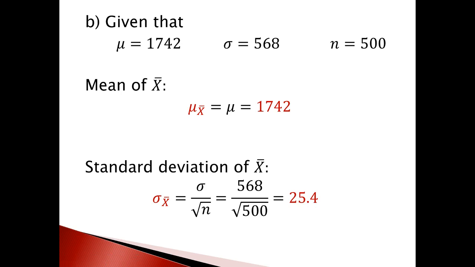So if we compare these results with the previous part, which is part A, in part A it was 113 something, and here it is 25.4. So obviously it has decreased. So we will end up with two results after this example.